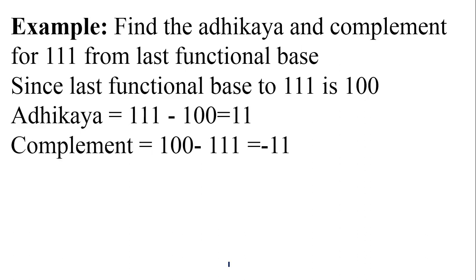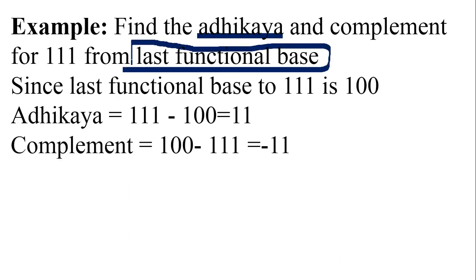For example, you got this problem. Find the adhikya and complement for 111 from last functional base. Once again I'm telling you, you have to focus on last functional base. So 111 is the number, and the last functional base is 100 for this.